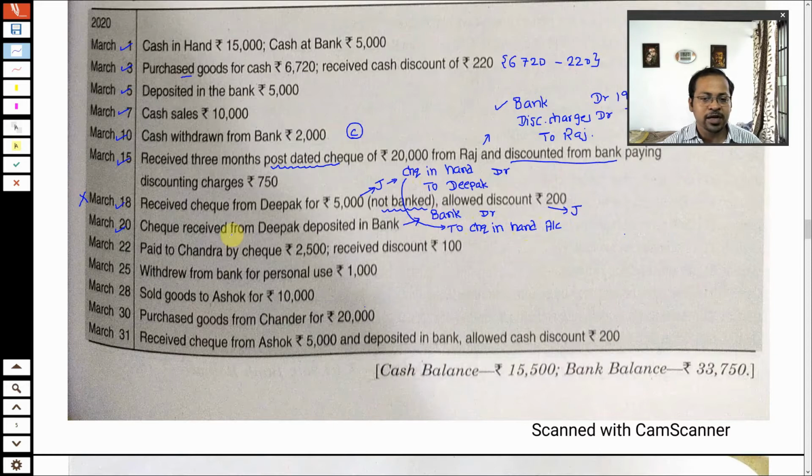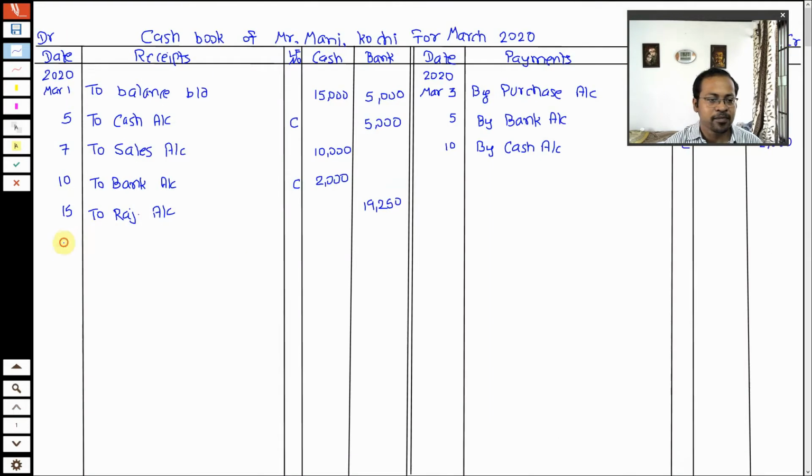So on March 20, bank debit for 5000 ka check. March 20, bank debit to check in hand account.